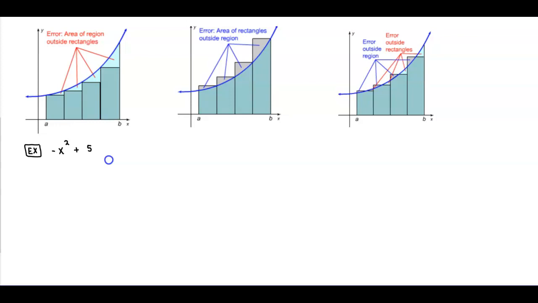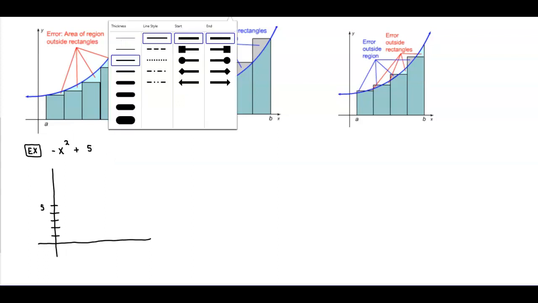Okay, so what that means is we're going to have a parabola that opens downward. So here we have 1, 2, 3, 4, and then 5. So here at the value of 5, we know that we're going to have a curve. It's going to go downward. So let's go ahead and draw that curve.